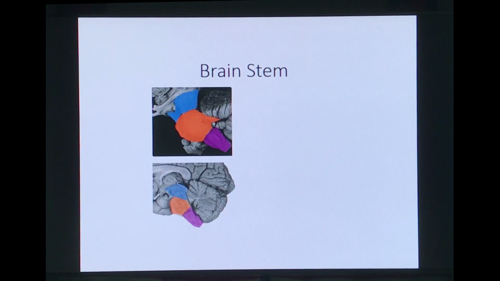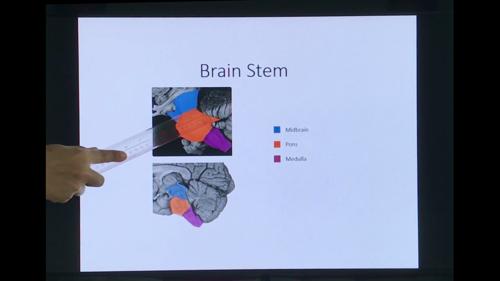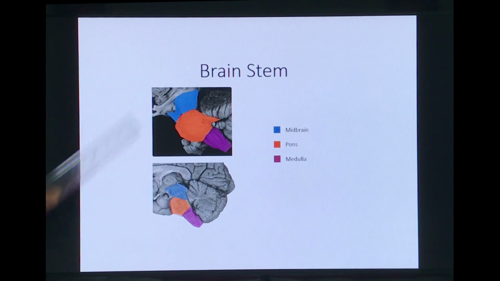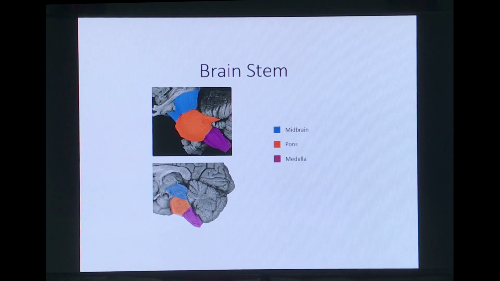So here you can see the orange one represents the pons. Posterior to the pons is the cerebellum. In the development of the nervous system, the rhombencephalon divides into metencephalon and myelencephalon. The metencephalon anteriorly develops into the pons, and posteriorly there will be development of the cerebellum.